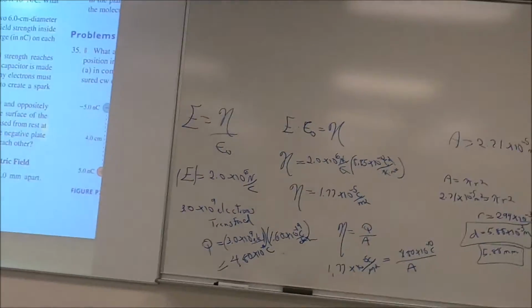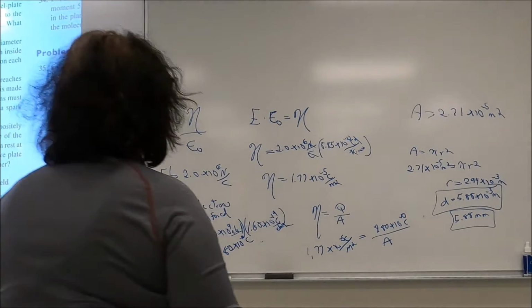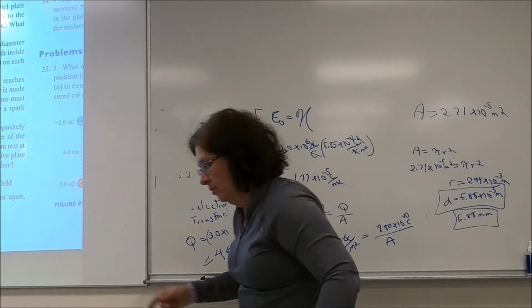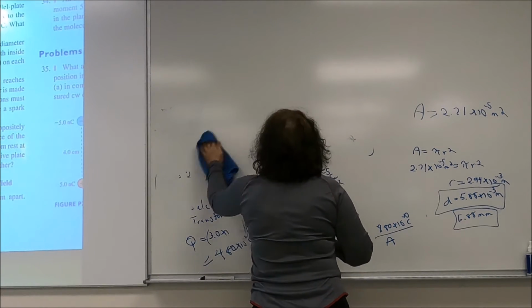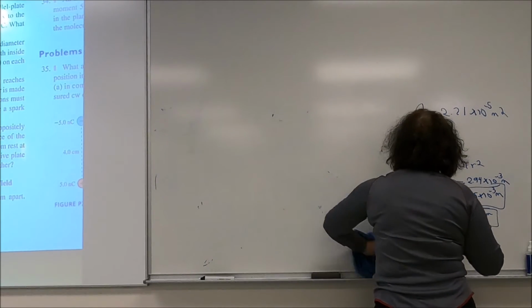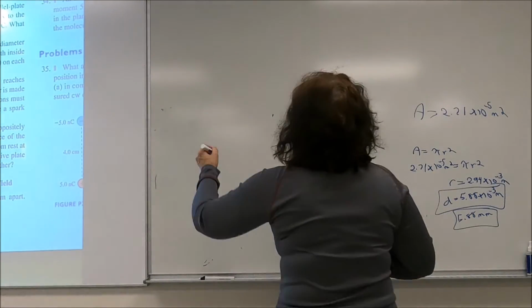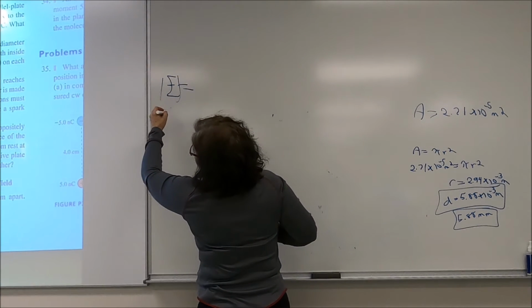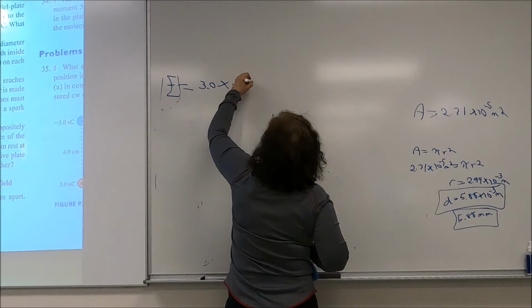Okay, so let's start working on it. What we've got is an electric field strength, E, in magnitude being equal to 3.0 times 10 to the 6 newtons per coulomb.